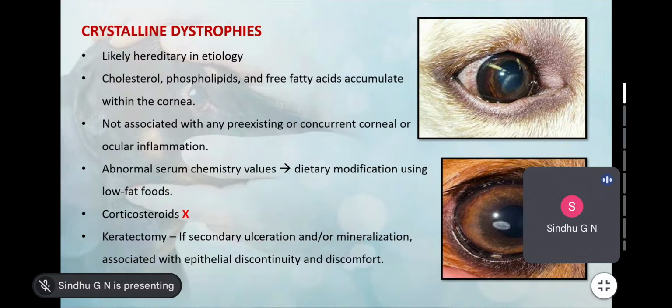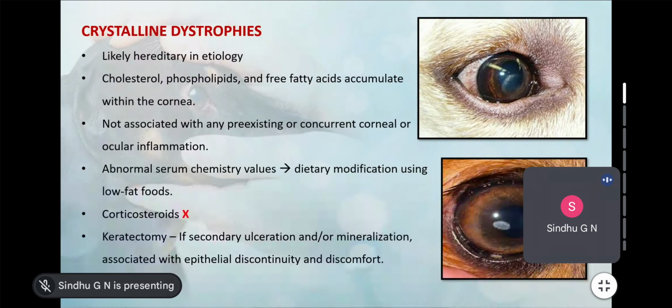In such cases, dietary modification can be advised, but sometimes without any serum chemistry abnormalities, they get these lipid dystrophies. Corticosteroids are not indicated in such cases because they can further aggravate it. If there is ulceration or mineralization, calcium deposition secondary to the dystrophy, or if the pet is having any discomfort because of this, we can think about superficial keratectomy.